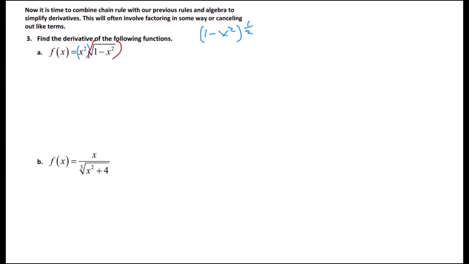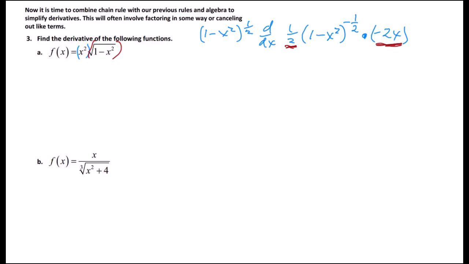What's its derivative? I'm leaving the u notation out because I think it would muddy the waters on this one. The derivative of this thing would be 1/2 (1 minus x squared) to the negative 1/2 times, we got an inside part here. The derivative of the 1 minus x squared would just be minus 2x, wouldn't it? Okay, if that's good, then I can take this and multiply it times this 1/2.